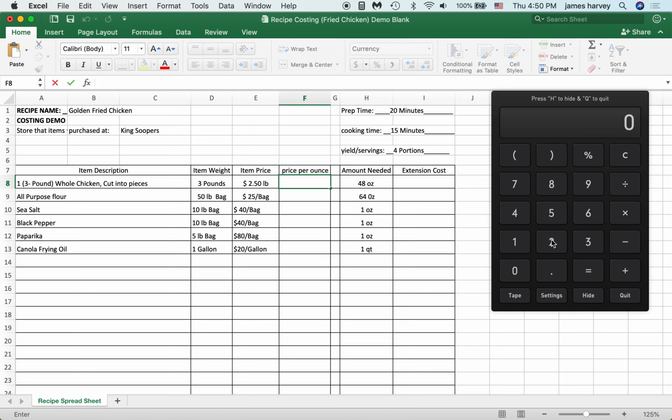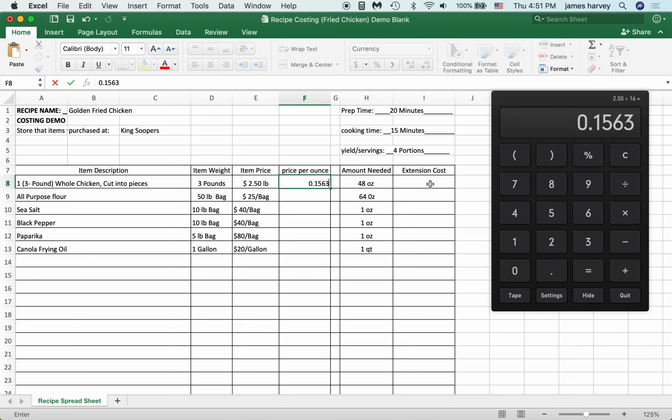We need to figure out the cost for 1 ounce of chicken. Take $2.50, divide by 16, and we get .1563.